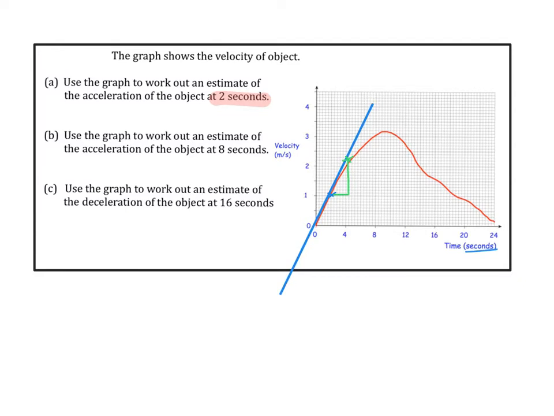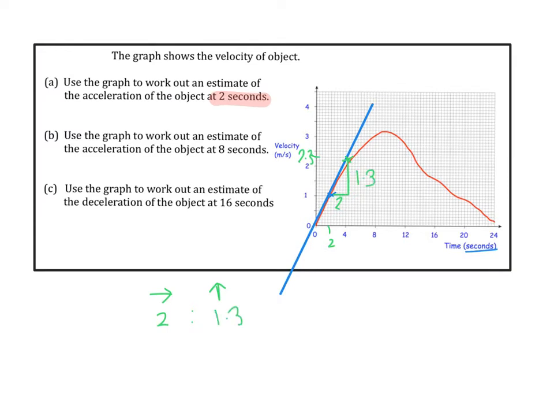So here I need to figure out, well, gradient is for 1 across, but I might not have that at the moment. So at the moment I've gone from here, which was 2 to 4, so that's 2 across. And I've gone from 1 to about 2.3, so that's 1.3 altogether.